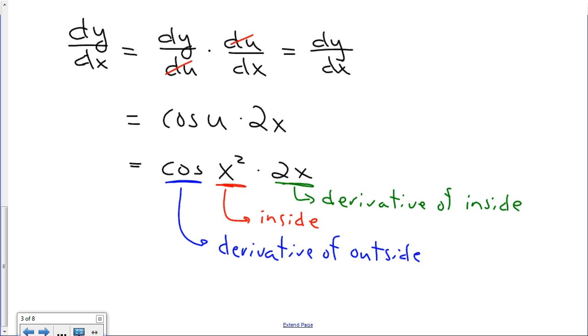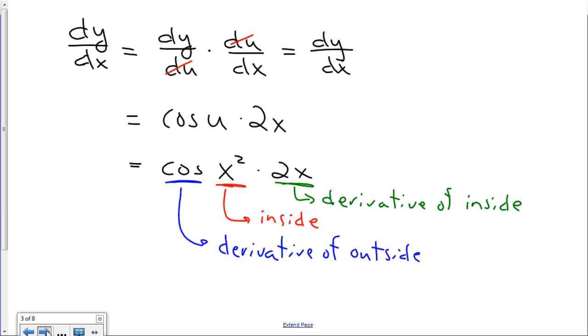So, to shorten this up, we're always looking for shorter or faster ways to find these derivatives. It looks like all I have to do is first take the derivative of the outside function to get cosine, substitute into that function the inside function, the x squared, and then multiply that by the derivative of the inside function, the 2x.